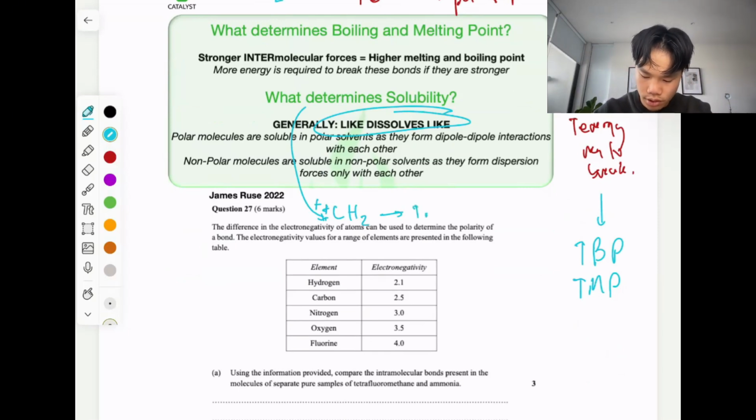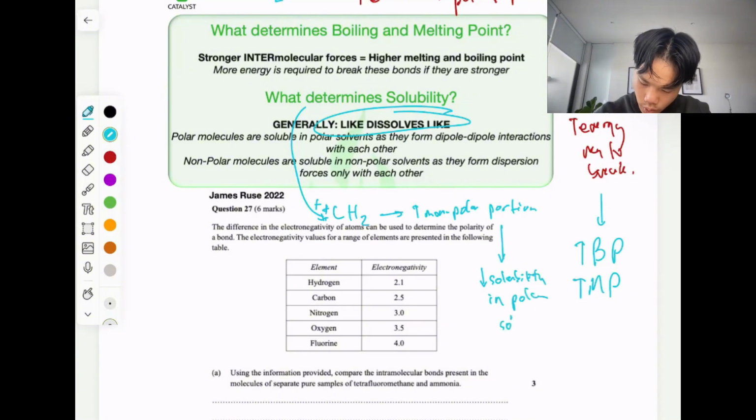So you're increasing the non-polar portion of the molecule, which will decrease solubility in water or polar solvents, or vice versa, it will increase solubility in a non-polar solvent.